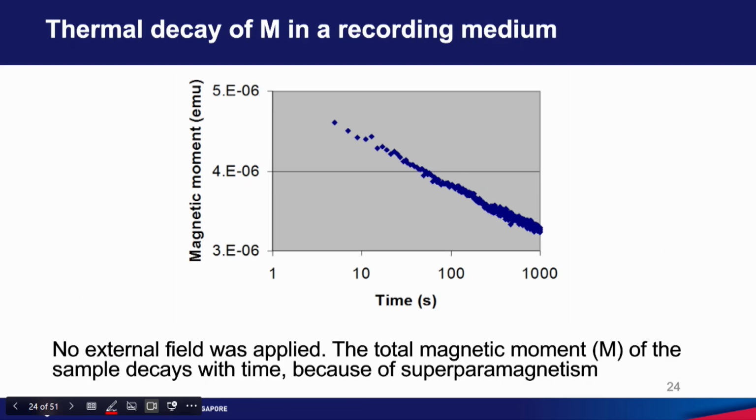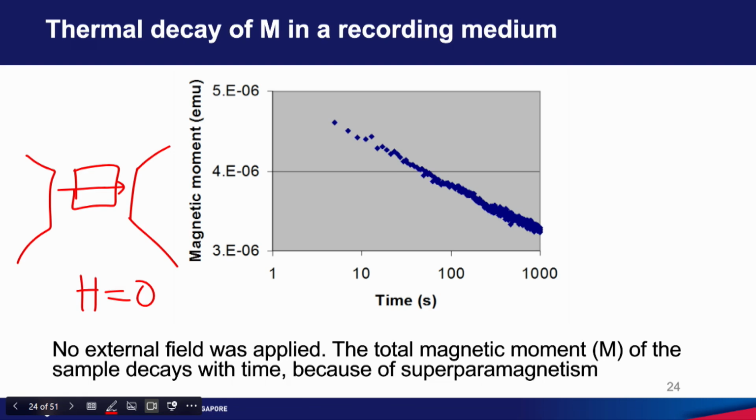Okay, so this is one real life example of something I measured myself. In this case I take a piece of sample, I put it in the VSM, I magnetize it in a certain direction. Okay, then I remove the magnetic field and I observe the magnetic moment of the sample as a function of time.